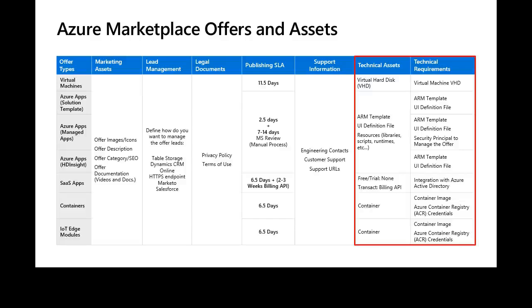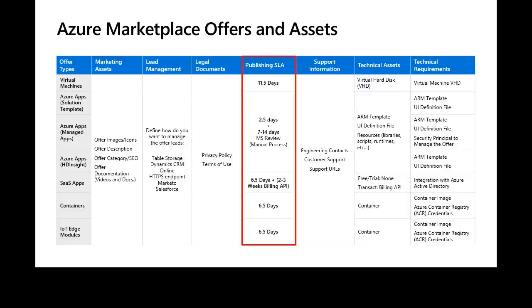So it goes from 1 month to 2 months, to 3 months in some extreme cases. Just keep that in mind. SaaS apps are probably the easiest. As I said, it's about 1 week if you're doing a free, contact me, or free trial offer. If you're implementing the billing API for transact, that's about 2 to 3 weeks on average.